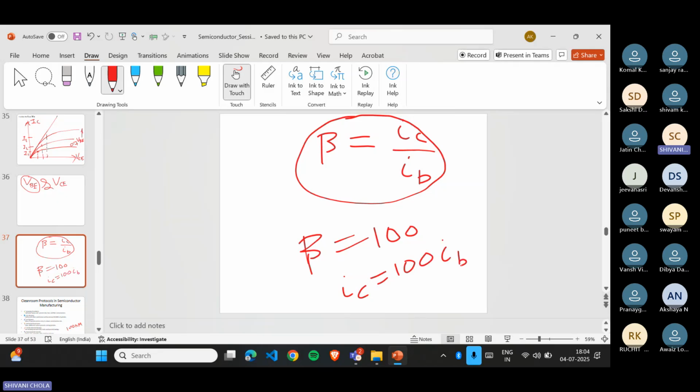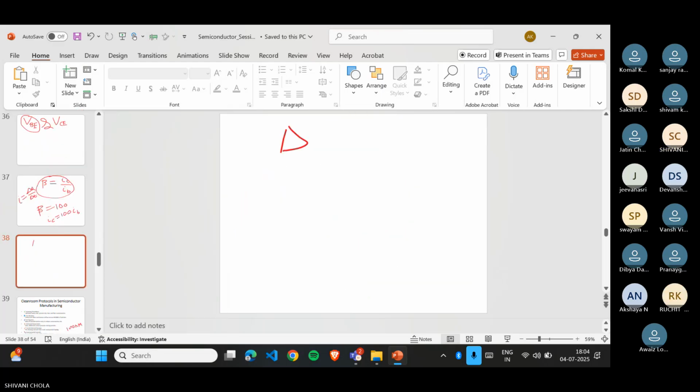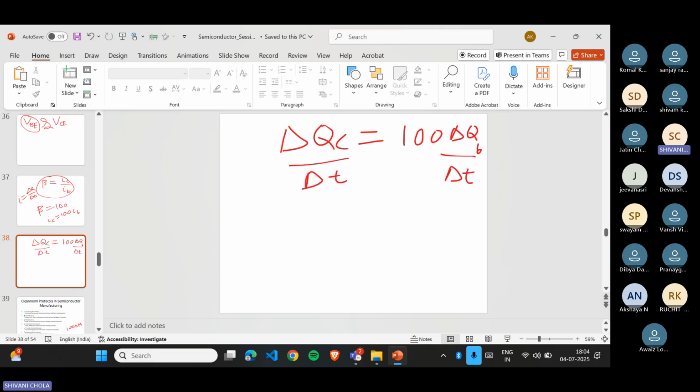And you also know that current is nothing but delta Q upon delta T. So I can also write it like this: delta QC is equal to 100 times delta QB, and here you will have delta T, and here you will also have delta T. But since both terms are the same, we are looking at the same time frame, so delta QC will be equal to 100 times delta QB, right?